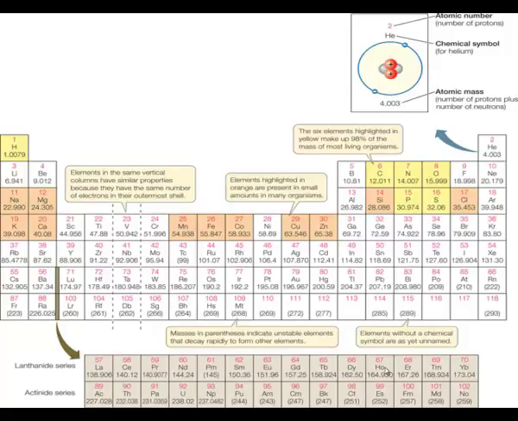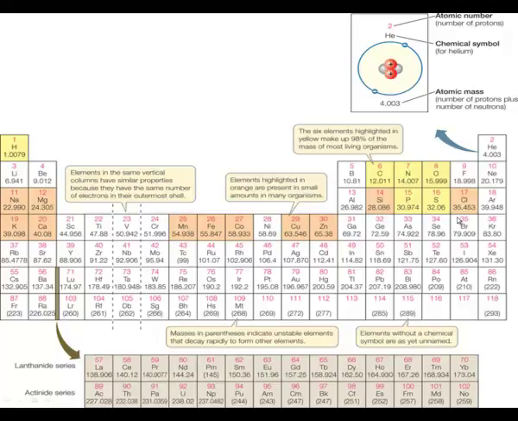So this is what's called the periodic table of the elements. It shows all of the elements listed in order of atomic number, starting from hydrogen all the way at the top here. It's usually read from left to right. For our purposes, we're concerned with the elements that are highlighted in yellow: hydrogen, carbon, nitrogen, oxygen, phosphorus, and sulfur.